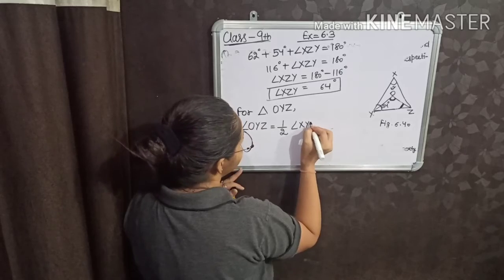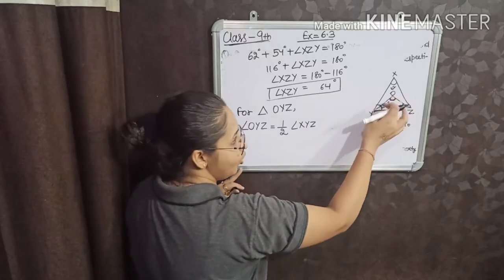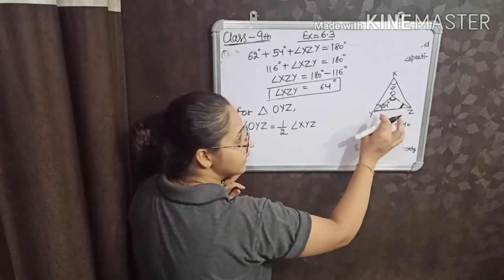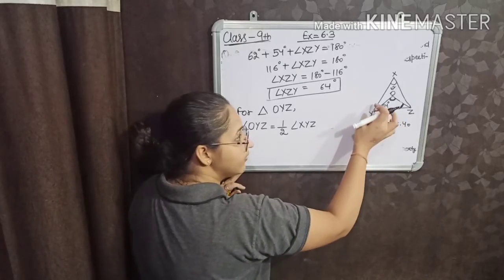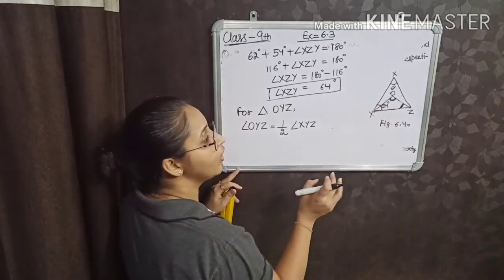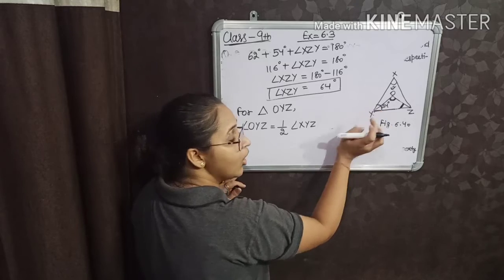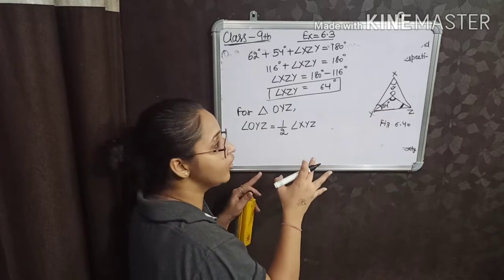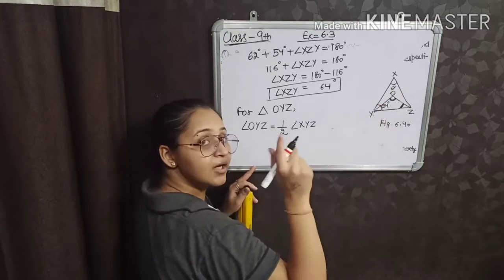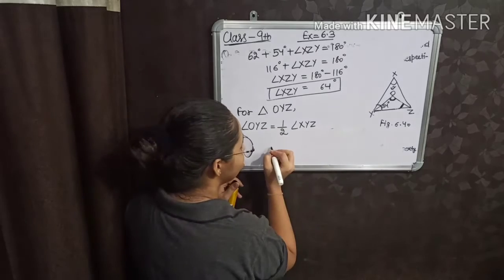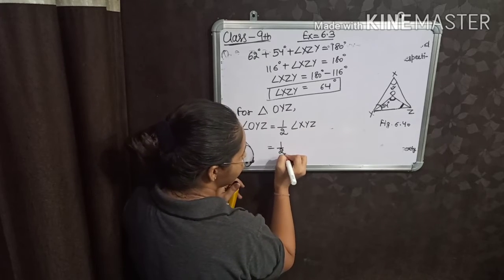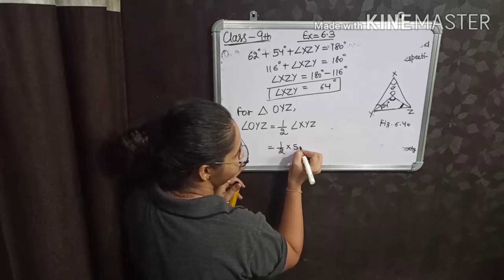Okay. Why? Because this OY will bisect this complete angle. If this complete angle is 54, then this small angle will be half of 54, because it is cutting this angle into two equal parts. So 1 by 2 and angle XYZ is 54 degrees.